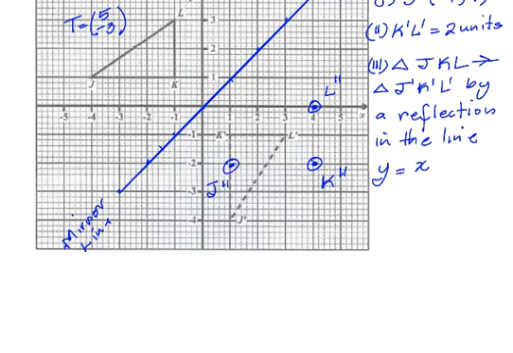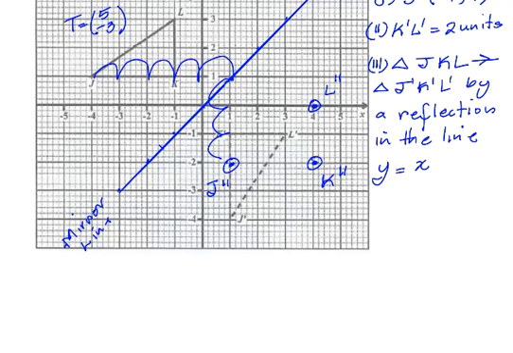I'm asked to move JKL 5 units to the right and 3 units down. So for J, 1, 2, 3, 4, 5 units to the right, 1, 2, 3 units down. That would be the new position of J. All right. For K, 5 units to the right, 1, 2, 3, 4, 5, and 3 units down, 1, 2, 3.